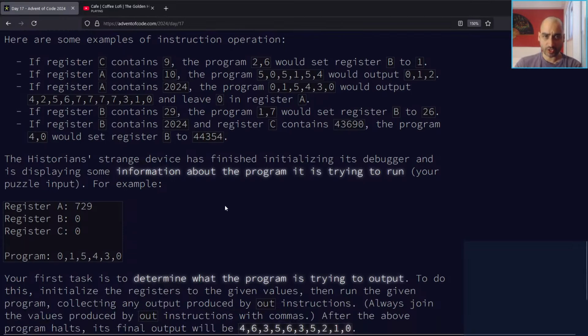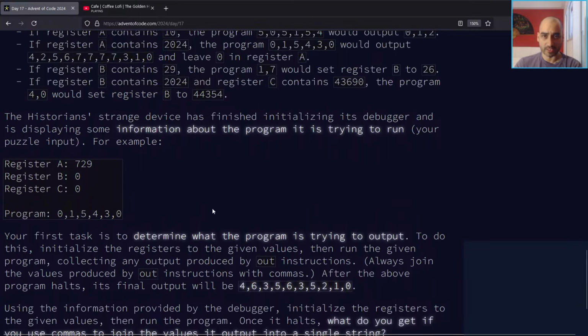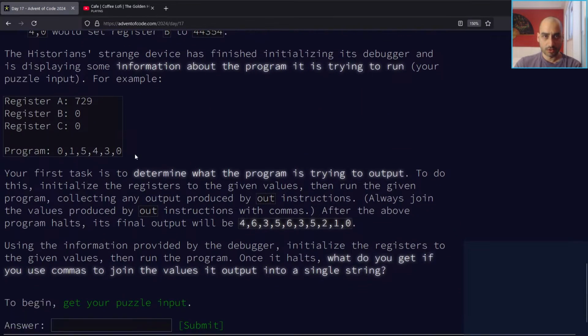The historian's strange device has finished initializing its debugger and is displaying some information about the program it is trying to run. Your puzzle input, for example. Alright. Your first task is to determine what the program is trying to output. Oh, it's going to be a more investigative one.